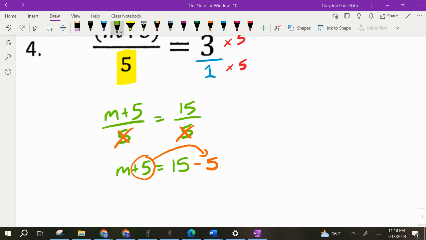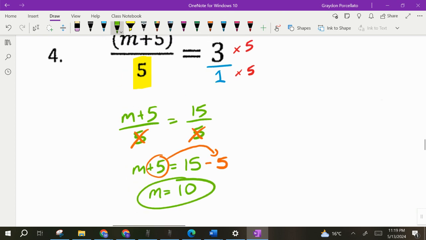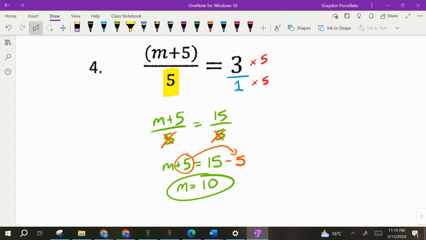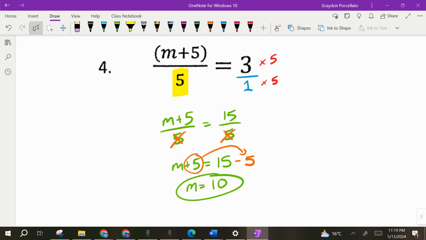And then we're going to say, okay, well, M equals 10. 15 minus 5 is 10. And that's our solution. Okay, so we're looking at what looks like a challenging question, and we're simplifying it. We're making it a little bit simpler here. Okay. We have 2 more questions, and then I'm going to let you try some on your own.